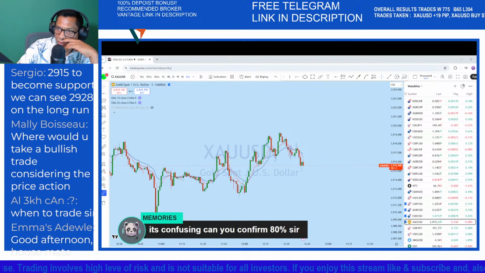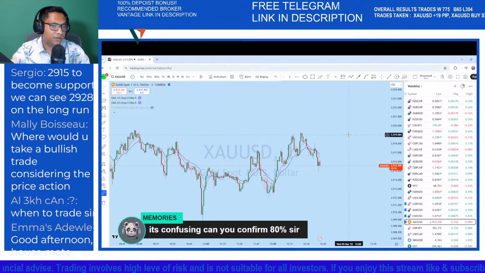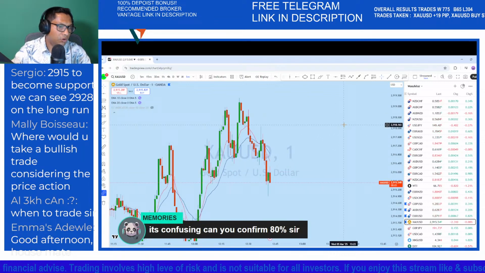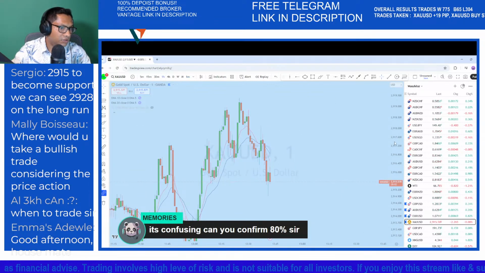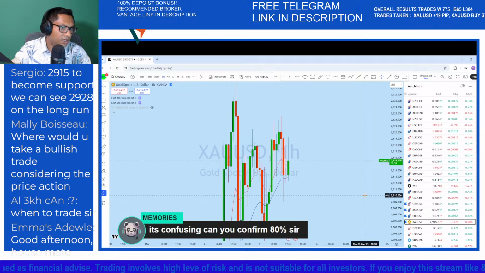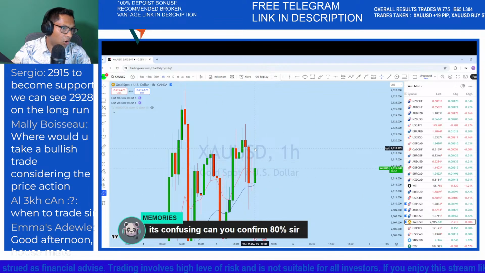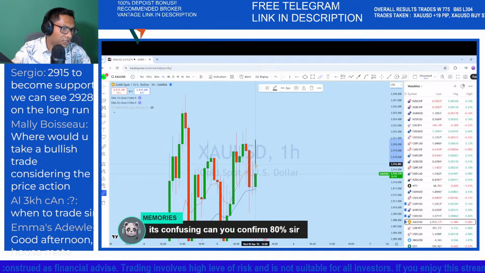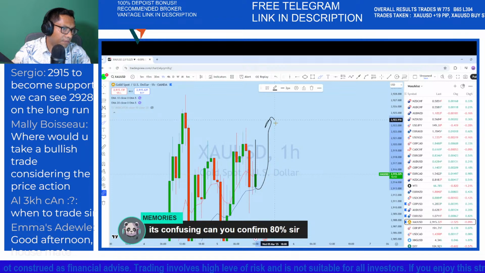And this is what we are looking at the moment, to see if the price is giving us that possible entry in this market. So here we can see there is a long wick rejection, expecting further drop and then bounce.